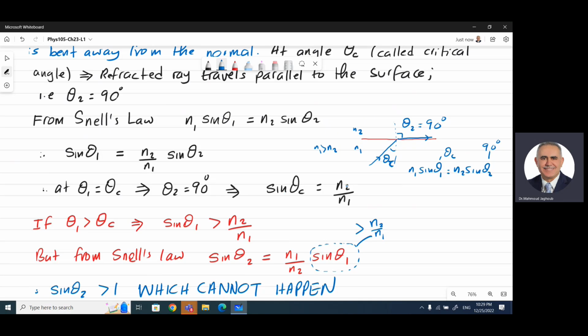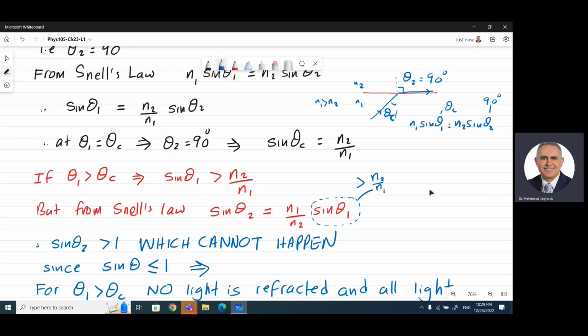So always n2 must be less than n1. In other words, the light must go from a medium with a high index of refraction into a medium with a low index of refraction.